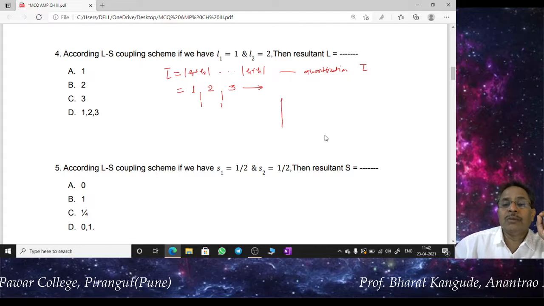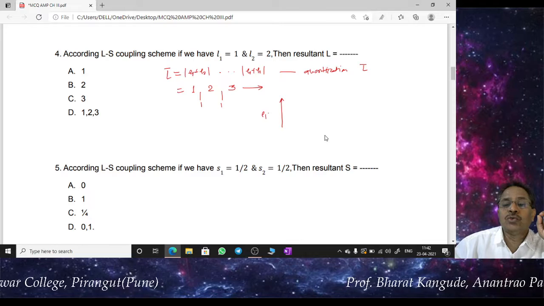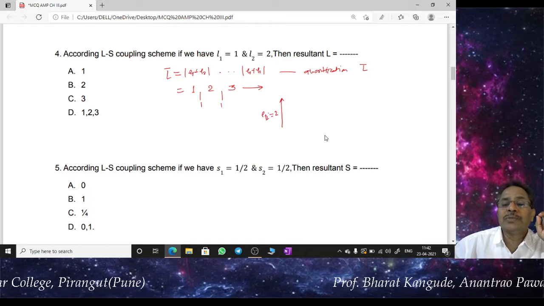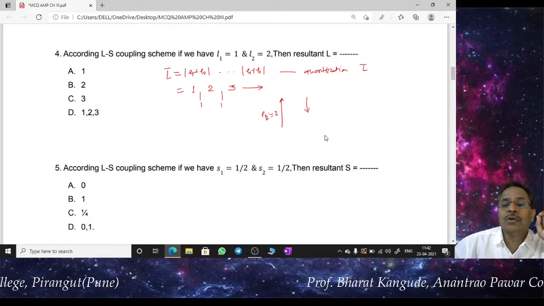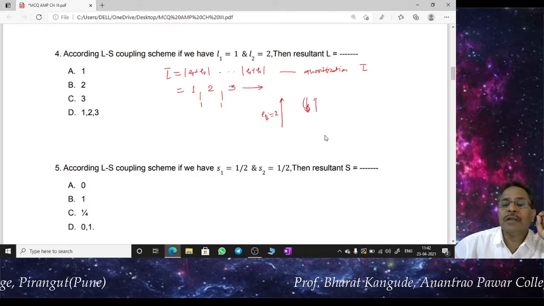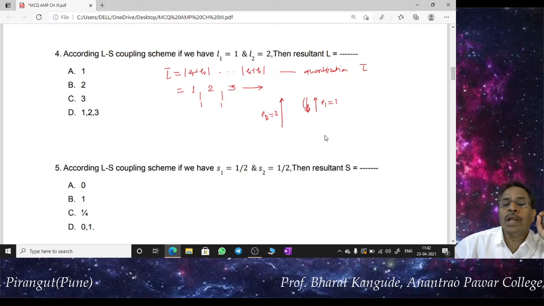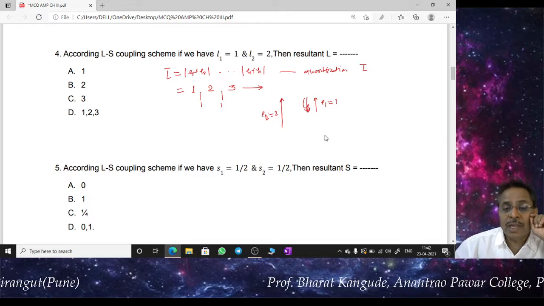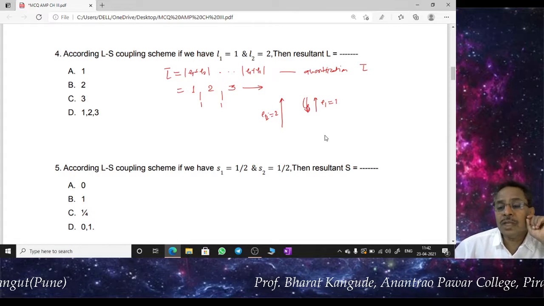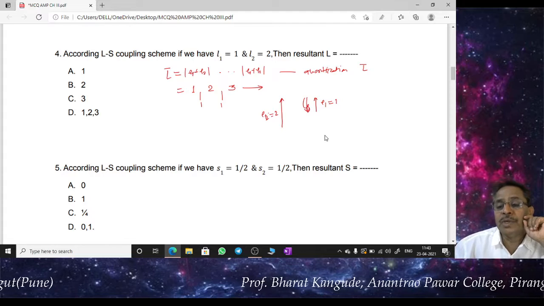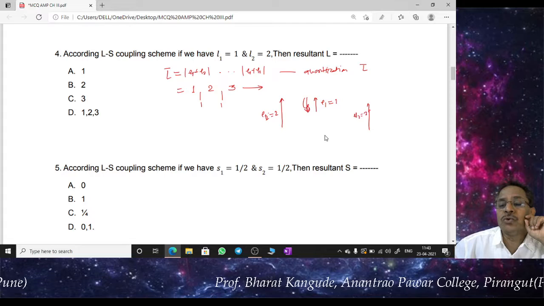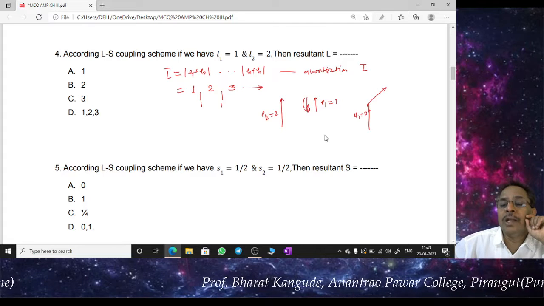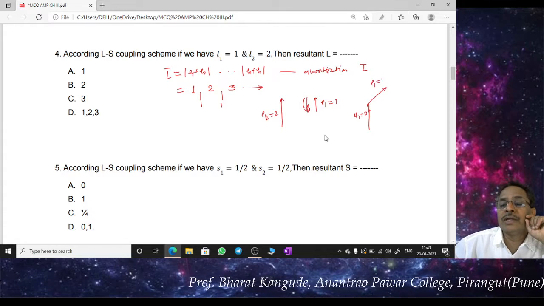In the vector atom diagram, we draw this. This is L2 is equal to 2, and suppose I take this L1, now this is L1. You can take any direction of this L1. L1 is equal to 1, half of this vector. Now when we add these two vectors, this addition can be shown this way. This is the vector L2 is equal to 2, and this vector L1 is equal to 1.